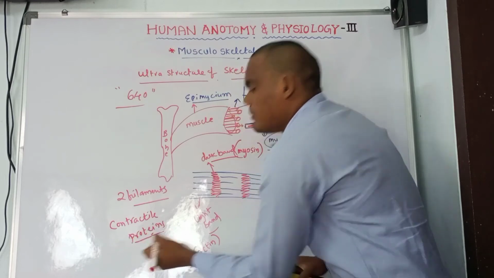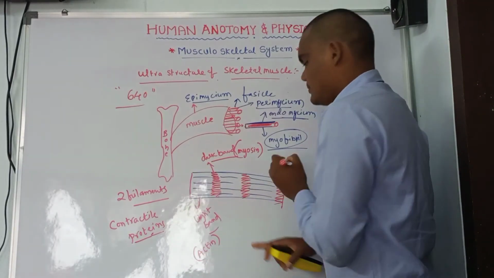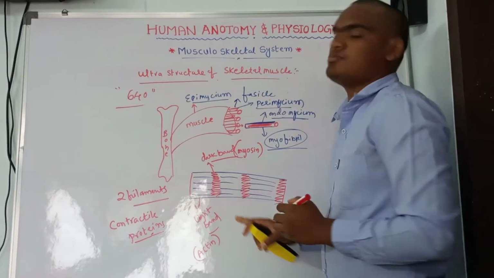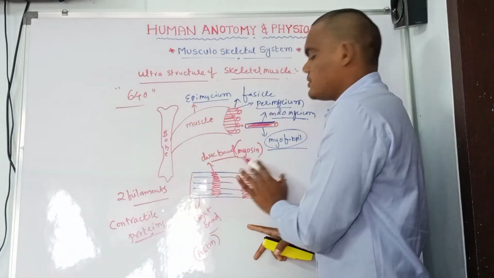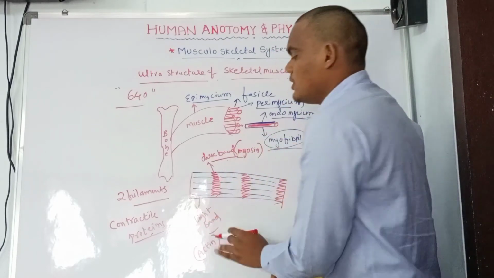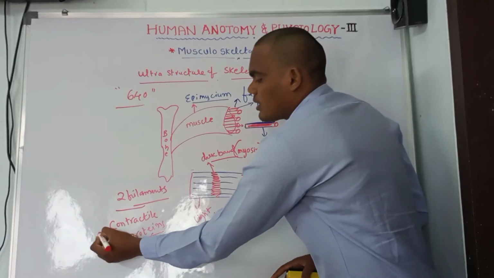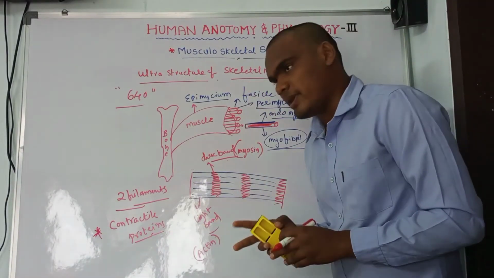So my dear students, in this structure we observe the dark band and light band. The dark band consists of myosin filaments and the light band consists of actin filaments. These two filaments are called contractile proteins.